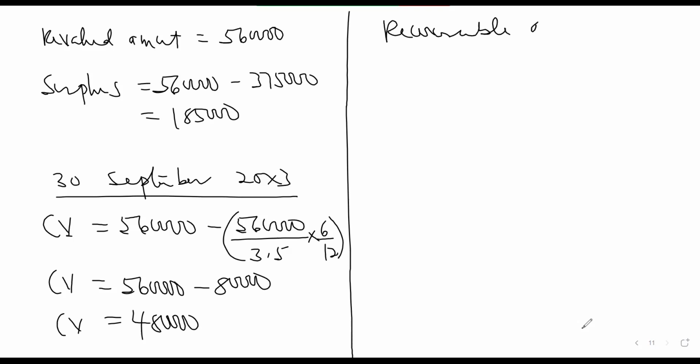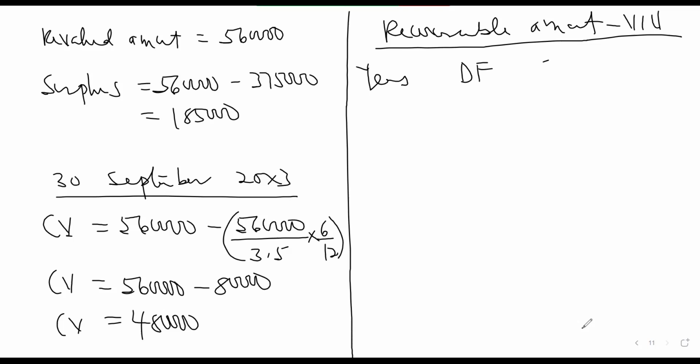You see that the recoverable amount will only be restricted to value in use, because we are not given the fair value in the question. We're only given the net cash flows. So let's look at the cash flows. We have the years, we have the discount factor, we have the cash flow, then we have the present value.